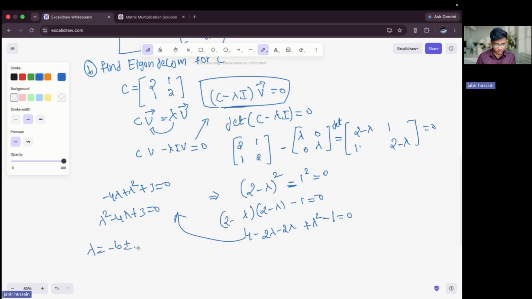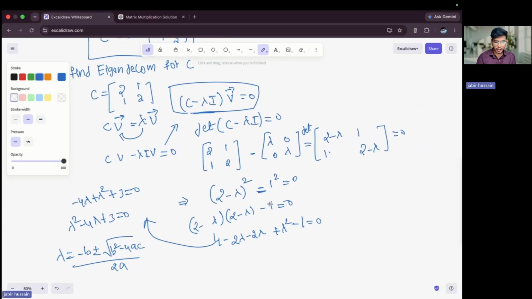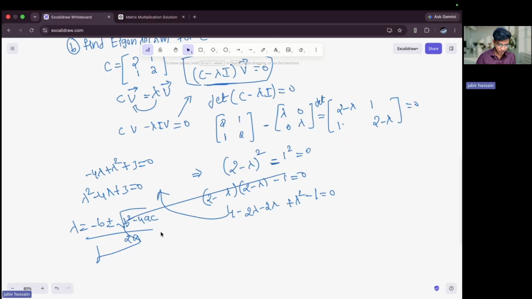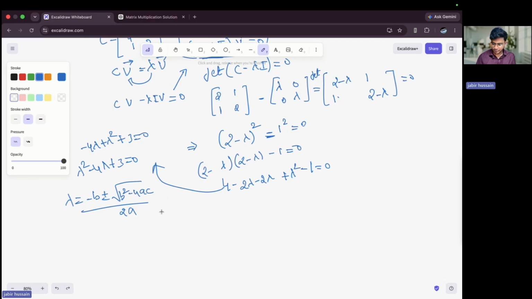So lambda square minus 4 lambda plus 3 is equal to 0, and lambda is equal to minus b plus or minus root b square minus 4ac divided by 2a. We are trying to find the values of v, because it gives us one of the pieces of SVD. So if you put the values here, you will get 4 plus or minus root of 16 minus 4 into 1 into 3, divided by 2 into 1.